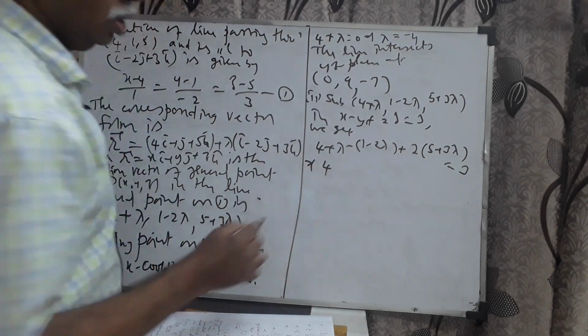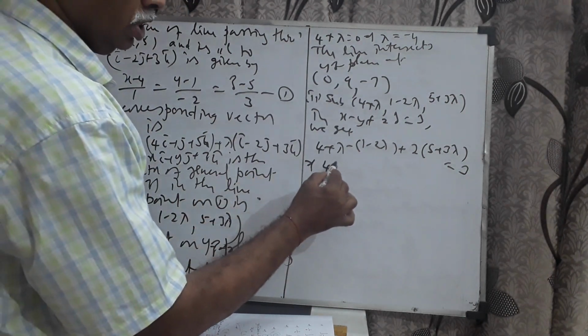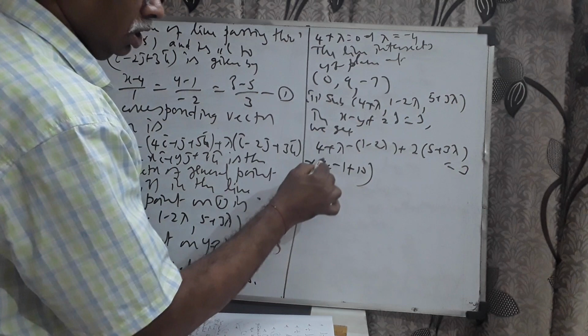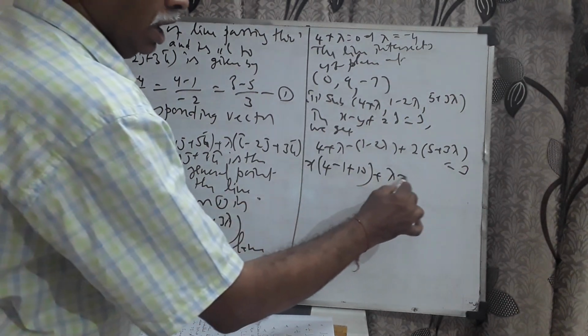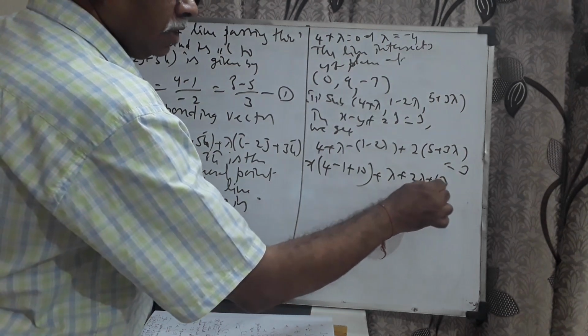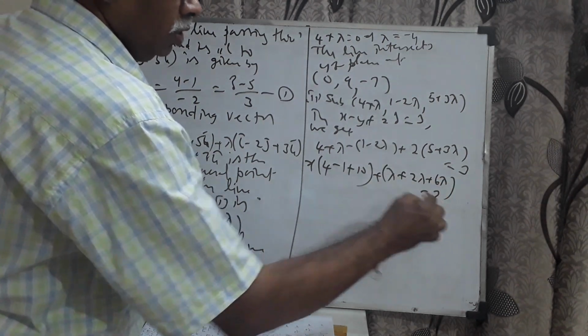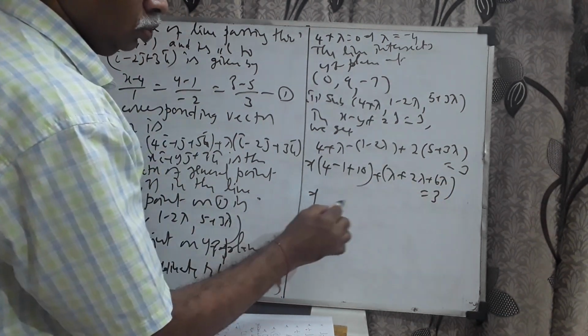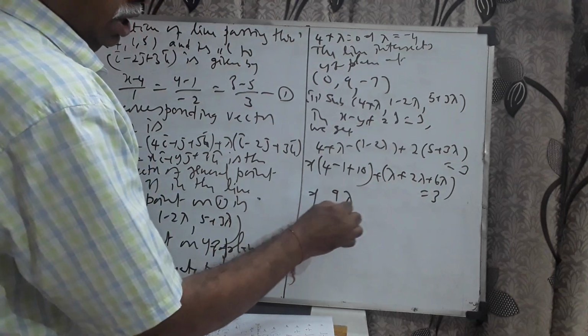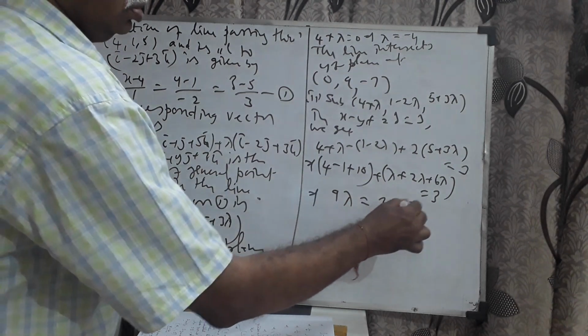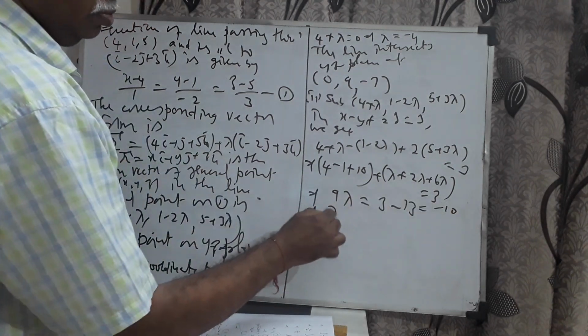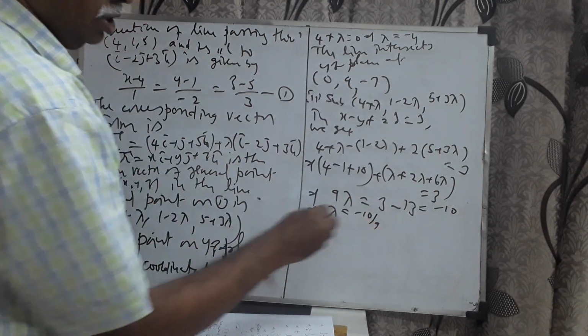Let me group the constants, 4 minus 1 plus 10, and all lambdas, lambda plus 2 lambda plus 6 lambda. So 9 lambda is equal to 3 minus 13, which is minus 10, which implies lambda is minus 10 by 9.